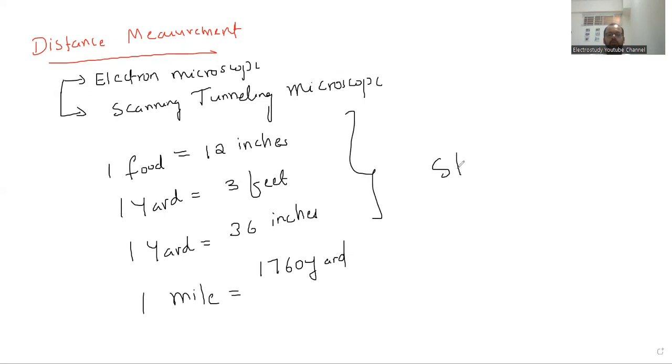So these are the standard conversions. Do remember the standard conversions. Similarly, 1 meter is equal to 3.28084 feet.